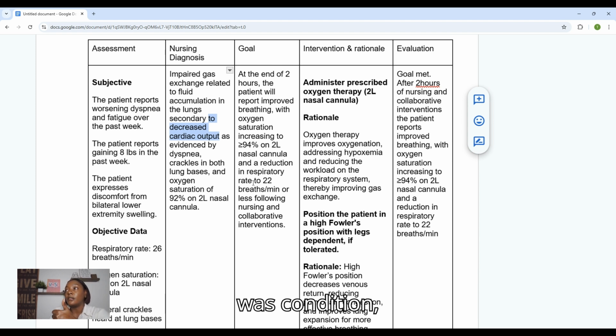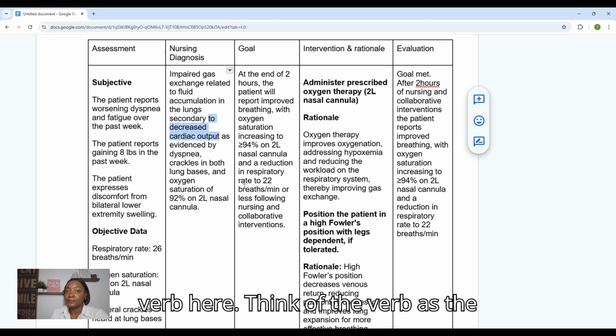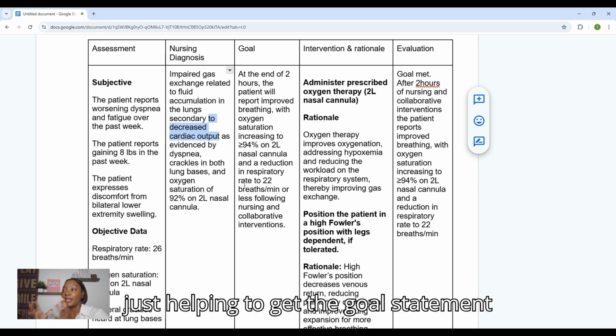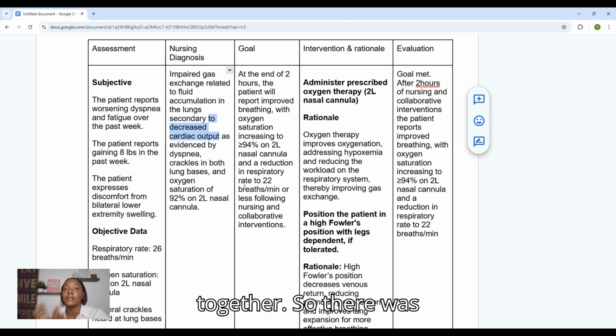So, there was condition, subject, there was criteria, but there was no verb here. Think of the verb as the broad goal, and the other parts just helping to get the goal statement together.